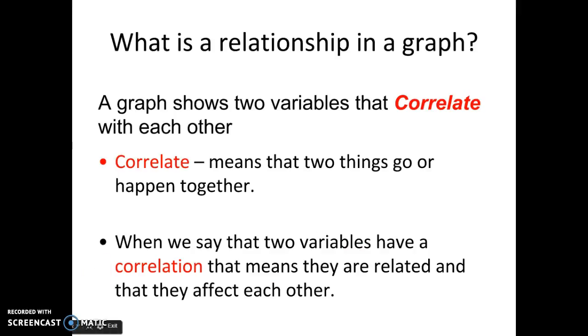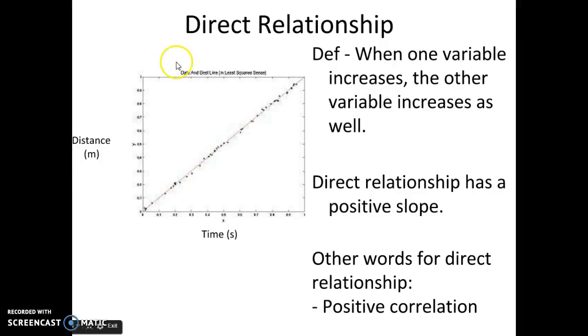So let's talk a little bit about some of the relationships you might see. The first is a direct relationship, and it means that when one variable increases, the other variable increases as well. So if I'm looking at this graph, as I go from left to right, I am increasing on the x-axis, and as I go up the side of the graph, I'm increasing in the y-axis.